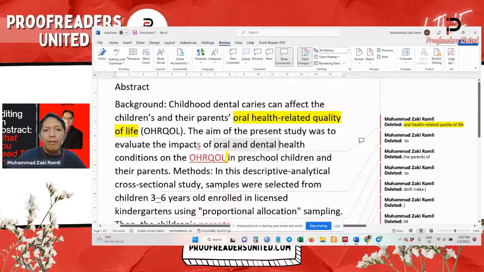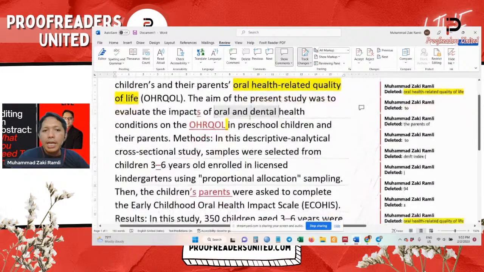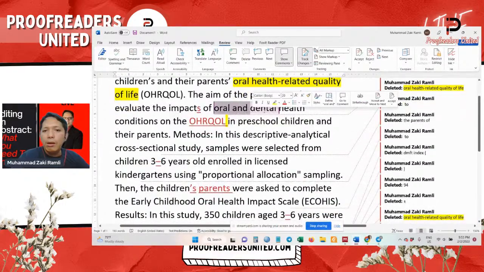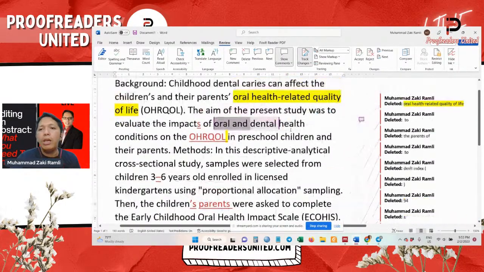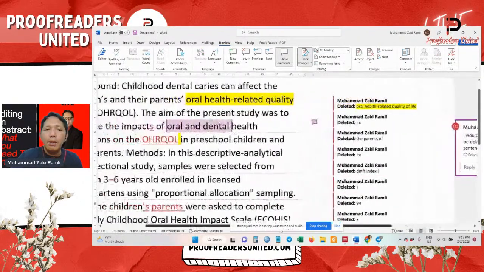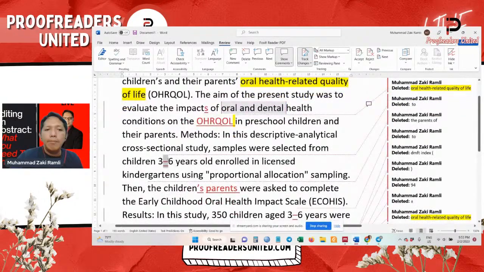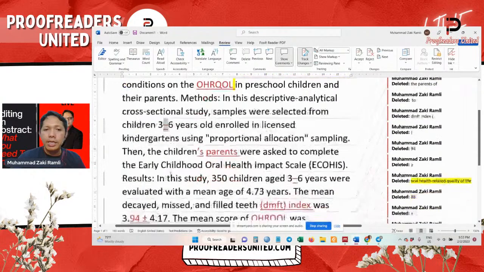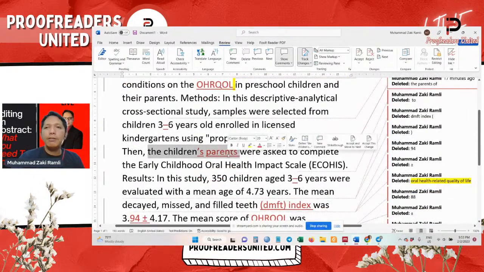So what we have learned is about using abbreviations to save some number of words, and then if we have any issues about the content of the article, we have to put a comment like this, and also using punctuation to save the number of words, and we can rephrase some phrases to save words.